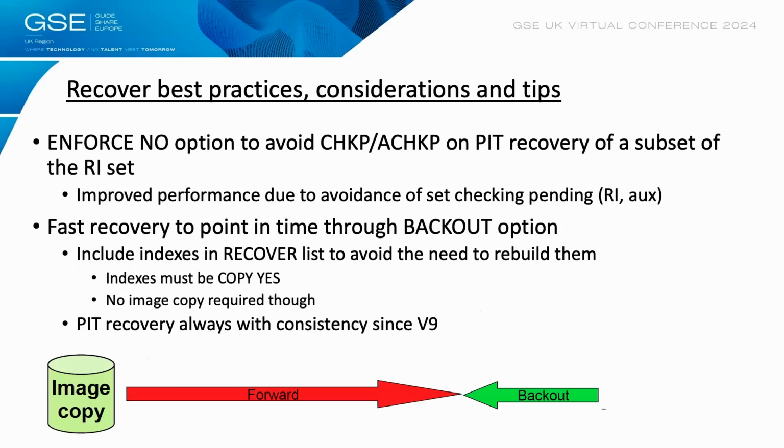I think the problem is people set recovery scripts, recovery processes 5 versions ago, 4 versions ago, and don't go back and check it. It's something I think should be visited at least once every version. You could argue once every function level, but I think that's going a little bit too far.